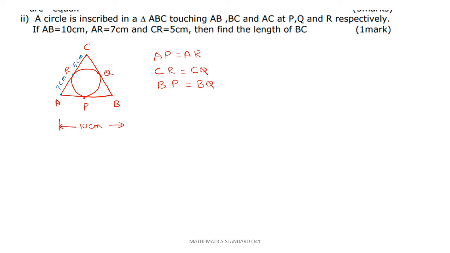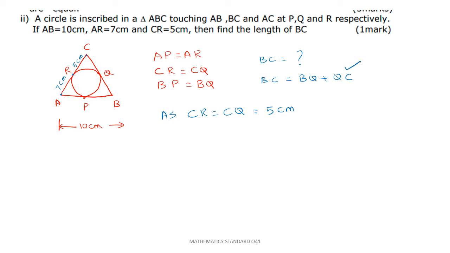Find the length of BC. So BC is what? BQ plus QC. What will be QC? As CR equals CQ, which is nothing but 5 centimeter.